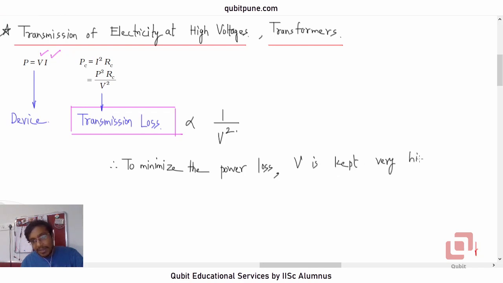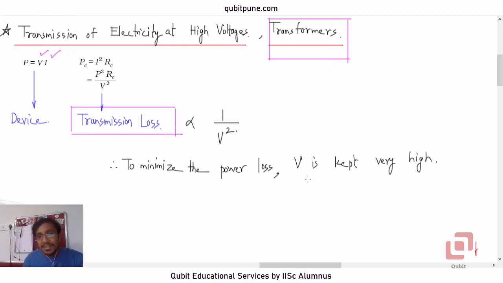Now you might ask the question, but we never demand our devices to have very high values of voltages. So that's why we have transformers, which we have already covered in the later chapter, right? In a step down transformer, you lower the voltage. In a step up transformer, you increase the voltage.